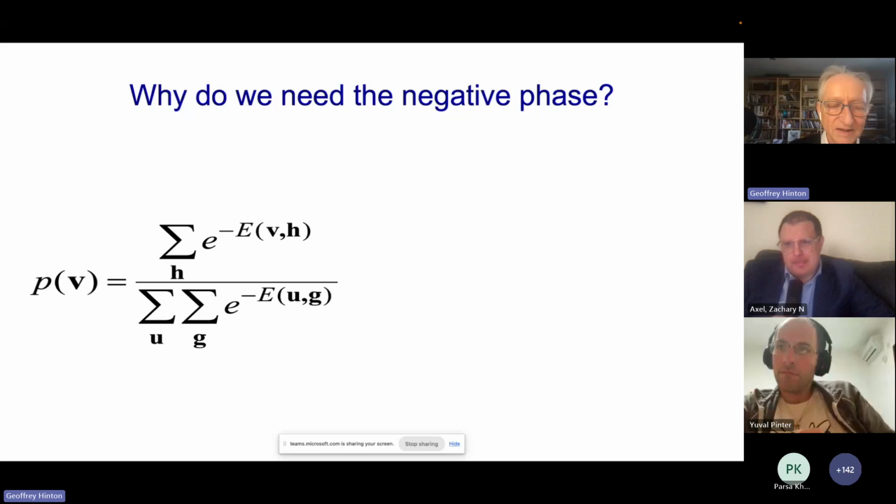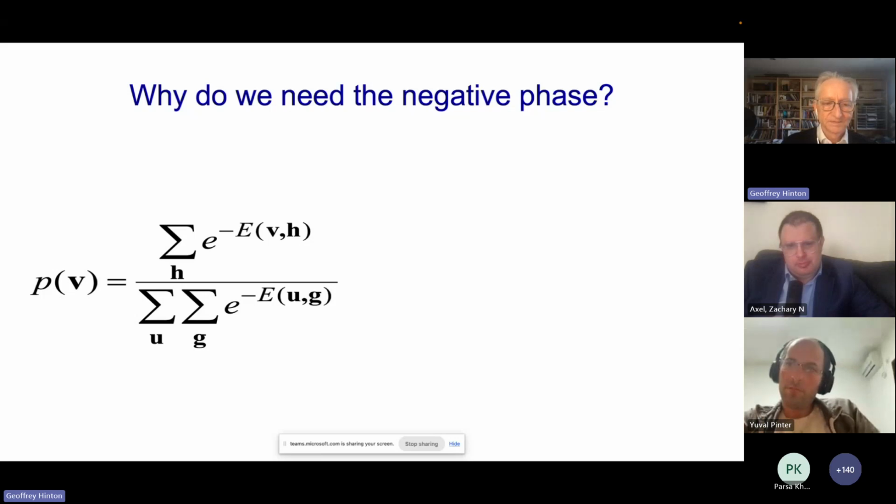So there's a summation there, normalized by the partition function, which is the sum over all possible visible vectors and all possible hidden vectors of e to the minus energy of that visible vector and that hidden vector. And if you think about what you should do to maximize the probability of V, you should obviously lower the energy, raise the goodness of the combination of V with any of the hidden vectors, particularly ones that are already good.